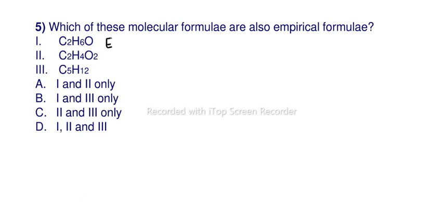So yes, that's right. This is my empirical formula. For the double, it's a molecular formula. And for the triple, you cannot simplify more, so this is an empirical formula. So now, according to the question, it's I and triple, so another time it's the B.